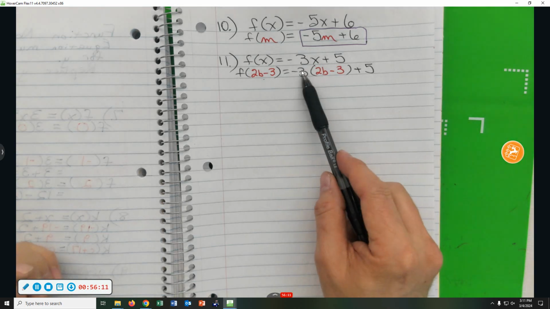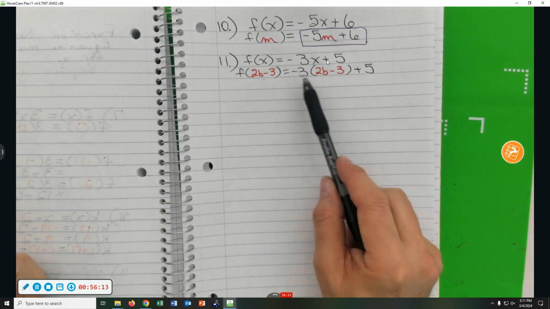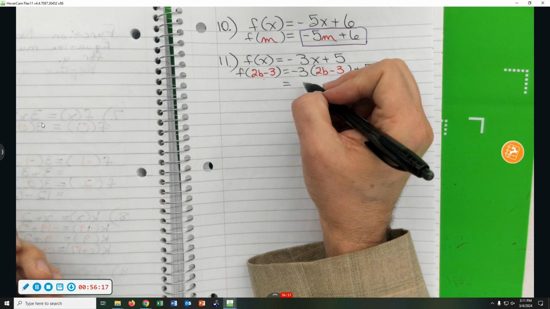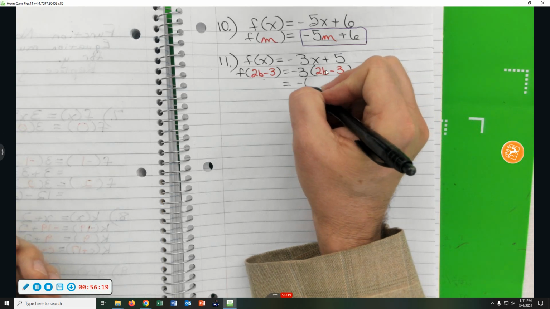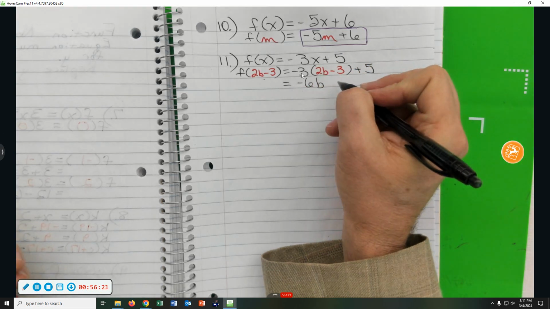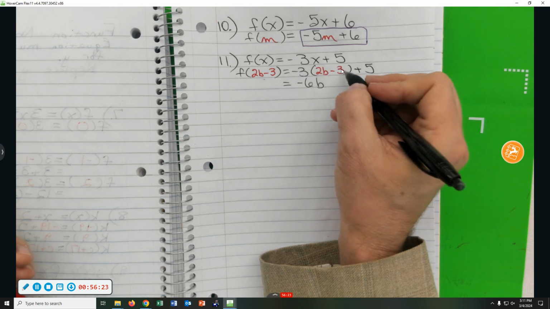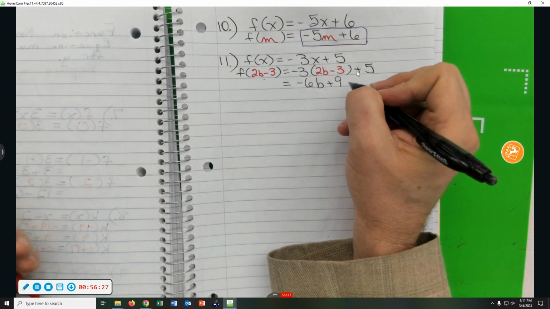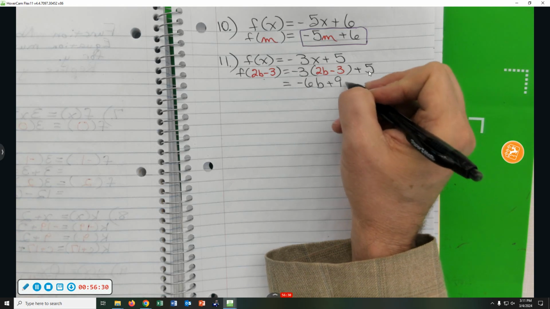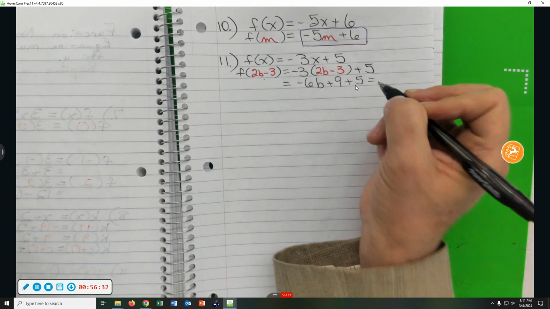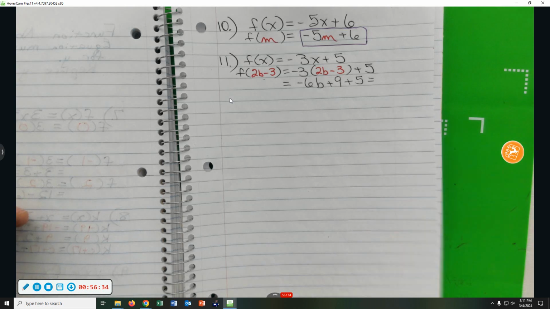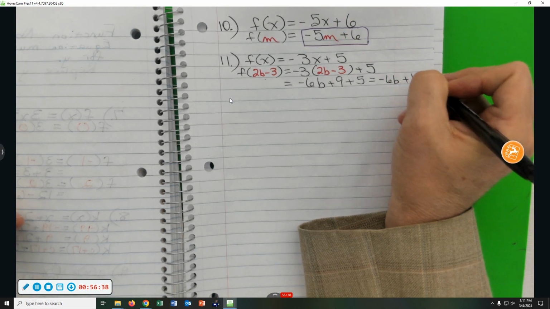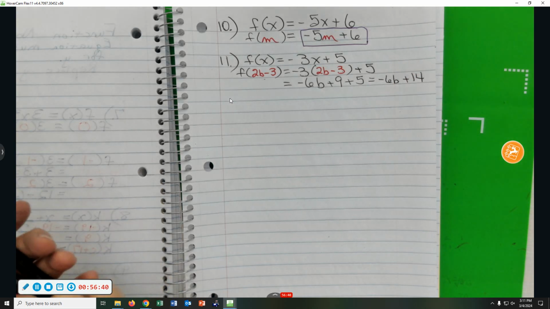Okay, so you're taking that negative 3 and distributing it there and there. Negative 3 times 2 gives me negative 6b and positive 9. And we still have the plus 5. And we can combine the 9 plus 5, that's a 14. Negative 6b plus 14.